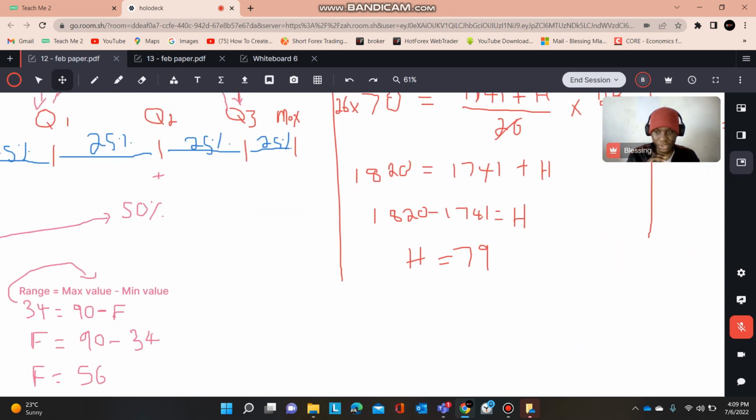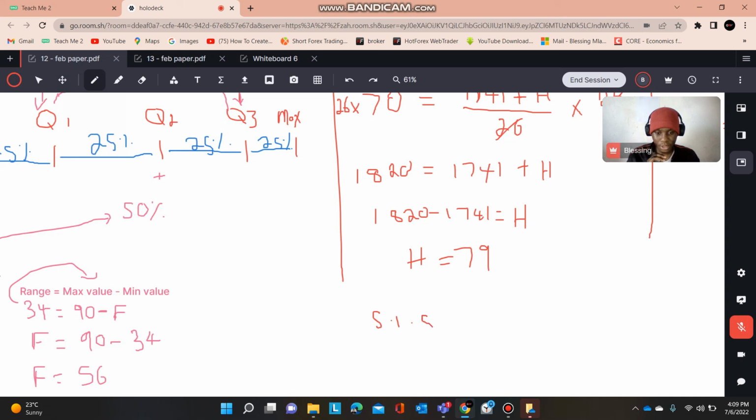So now we're dealing with 5.1.8, and you have 13 learners who got unique marks that are different from any other learner in the class, out of how many learners? Out of 26 learners. If we select a learner at random, we have a chance of selecting out of these 13, all of whom got unique marks.